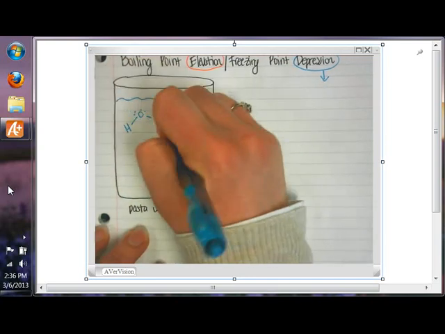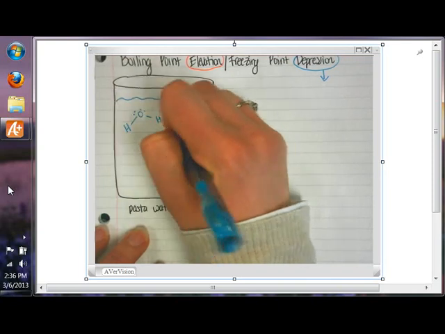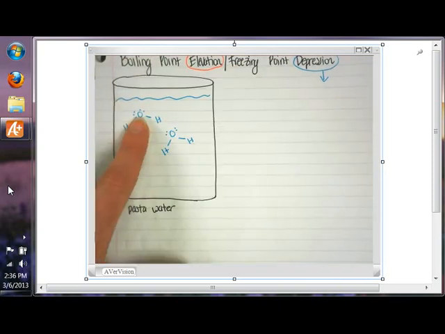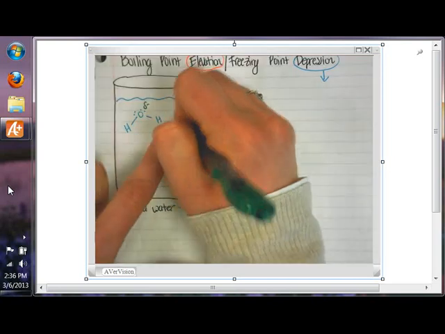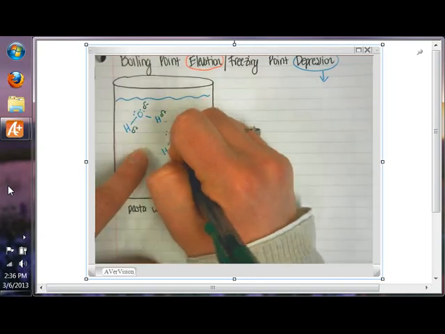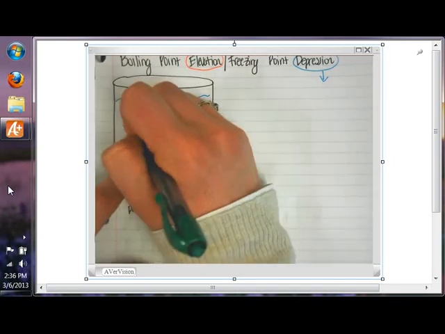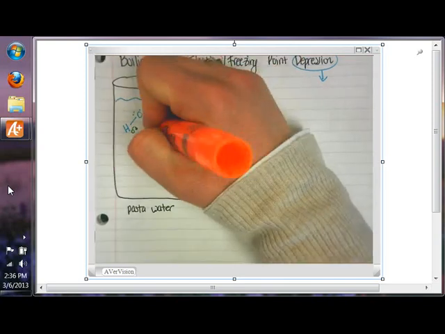Now notice how I'm lining these guys up. We know that one side of water is negative, oxygens are negative, and the hydrogens are all positive, a little bit positive. And they become attracted to one another.